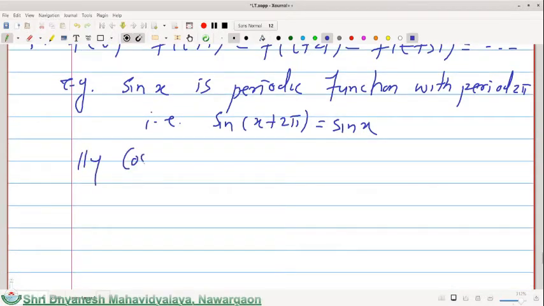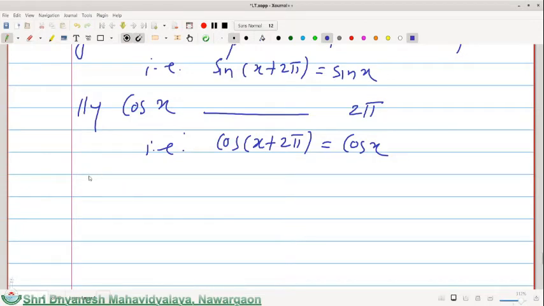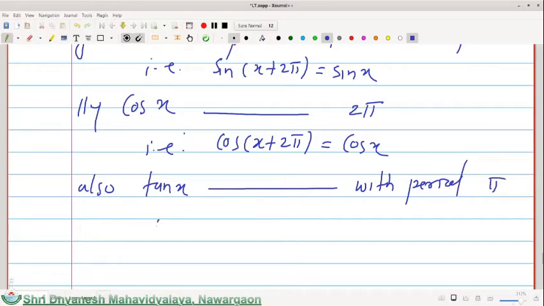Similarly, the cosine function is also periodic with period 2 pi, that is cos of x plus 2 pi is equal to cos x. Let us write one more also. Tan x is a periodic function with period pi, that is tan of x plus pi is equal to tan x. So these are a few examples of periodic functions.